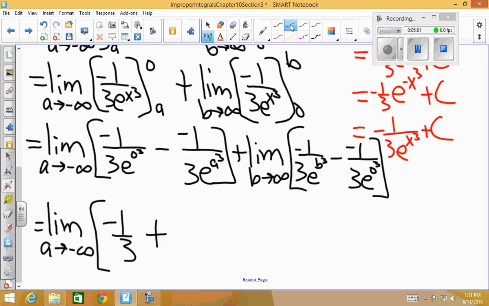So the exponent here is getting closer to negative infinity. Well, that means that e to that exponent is actually pulling back up into the numerator. So this is like saying, well, the 3 is still in the denominator, but e to the a cubed is getting closer to e to the a cubed, where a is positive, and going to positive infinity. So in fact, this whole thing goes to positive infinity.